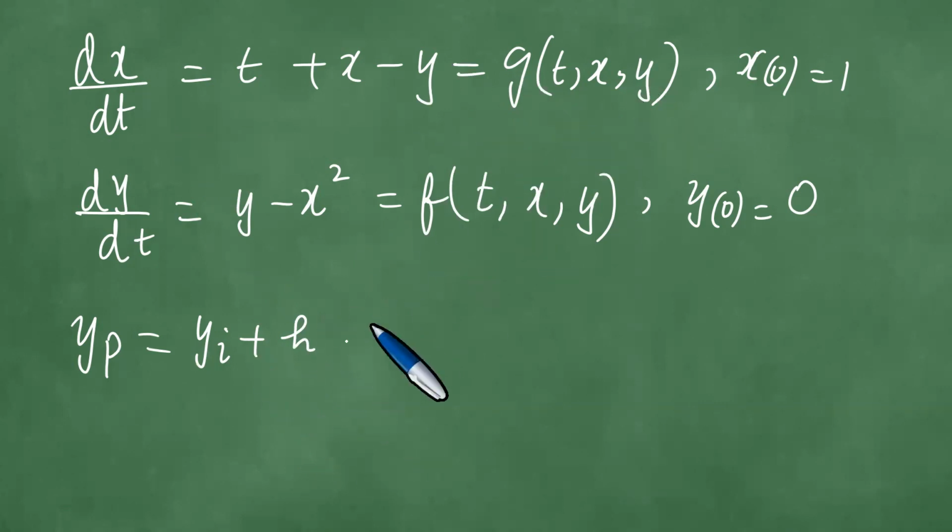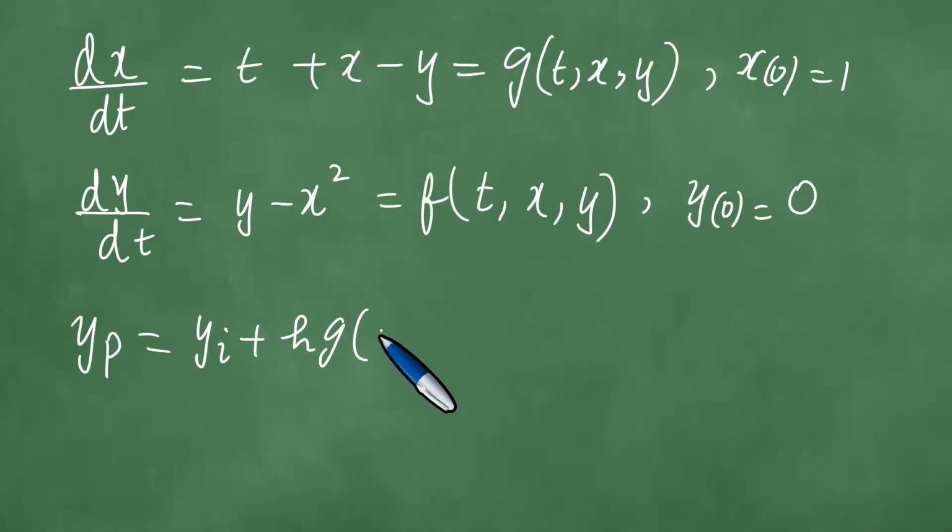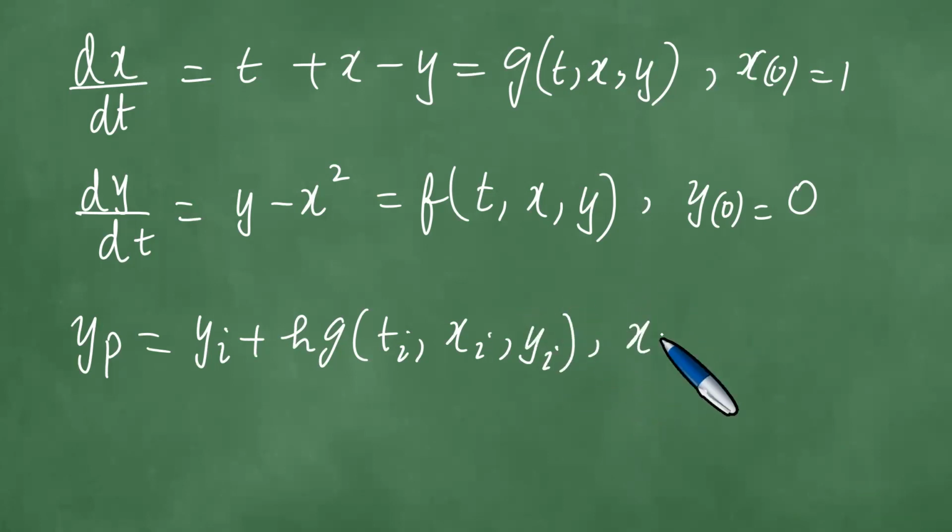We could have called it F, but it's okay, we call it G. The minute we put it into this, we must introduce the subscripts, so we're going to introduce the I's there. So you shall have a TI, XI, YI, and then we have X0 is 1. We continue.